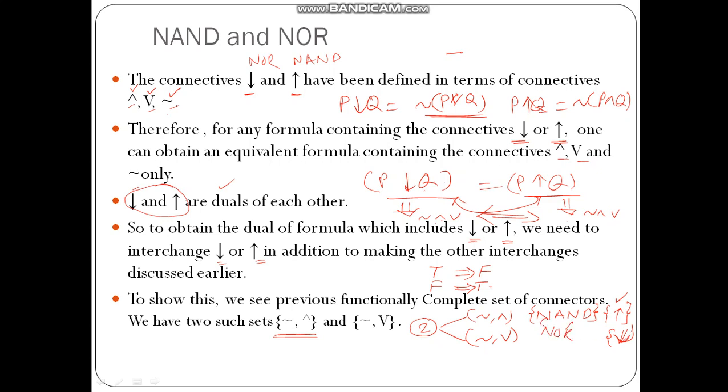So there are two more functionally complete sets, and in total four: first NOT AND, second NOT OR, third just a NAND, a set containing a single element, and fourth just a NOR. Functionally complete set means that by using any one of these sets you can represent any formula of propositional logic in this universe.